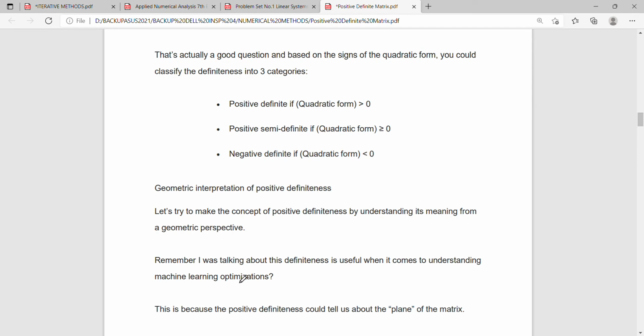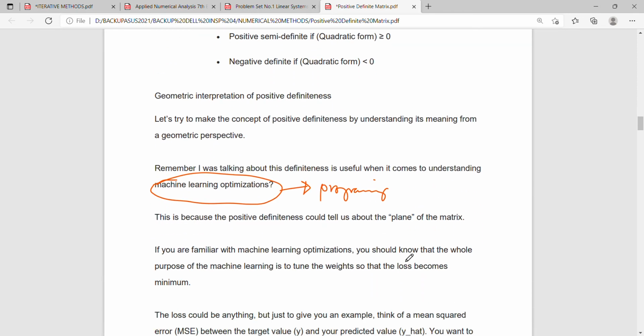Okay, so this is very significant in machine learning optimization. Machine learning is only programming, of course. The word that they use here is simply programs, computer programs. Okay, so this is because the positive definiteness could tell us about some geometric plane of the matrix, and this is the geometric interpretation.